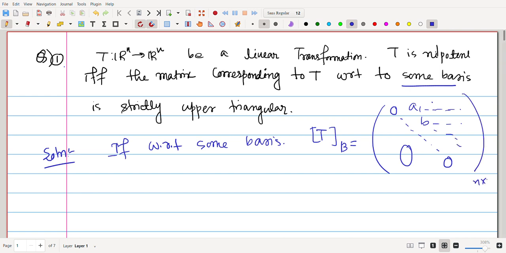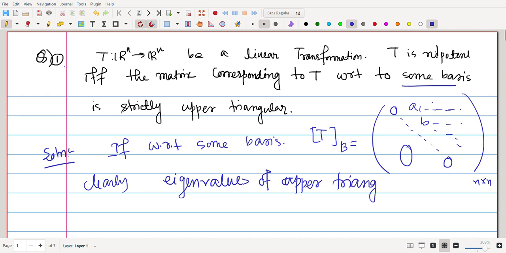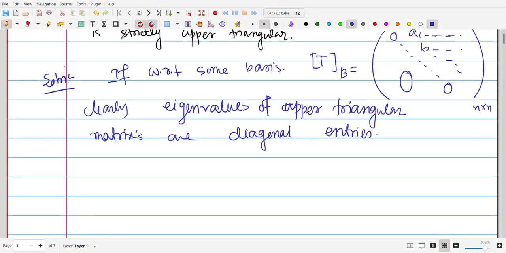This is some n by n matrix. Now clearly eigenvalues of an upper triangular matrix are the diagonal entries. Now here all the diagonal entries are 0.